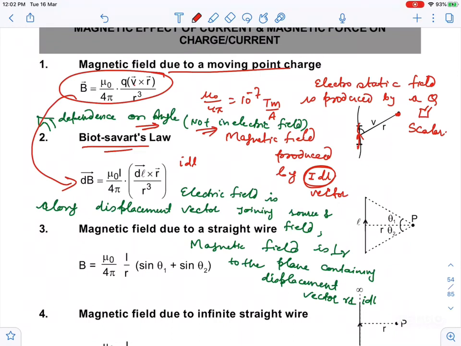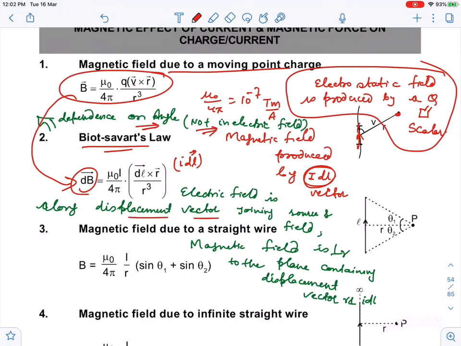Electric field has no angle dependency, k q1 q2 divided by R square. Electric field is produced by a charge, which is a scalar quantity, and magnetic field is produced by current element I dl, which is a vector quantity.